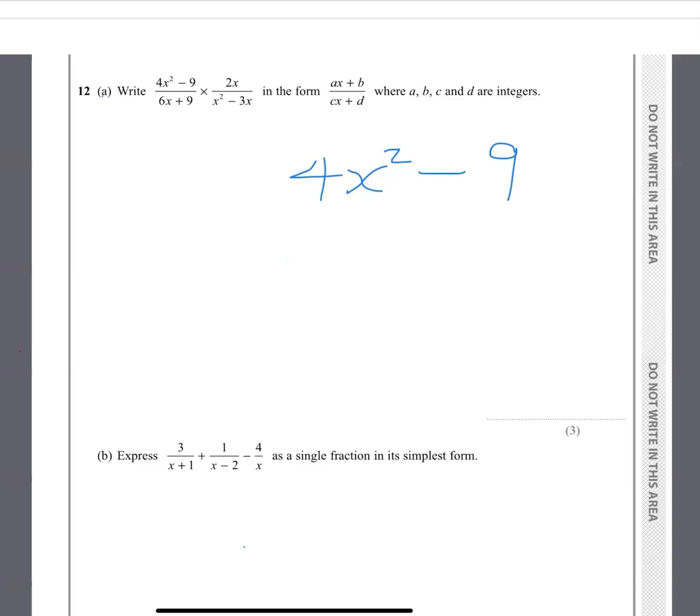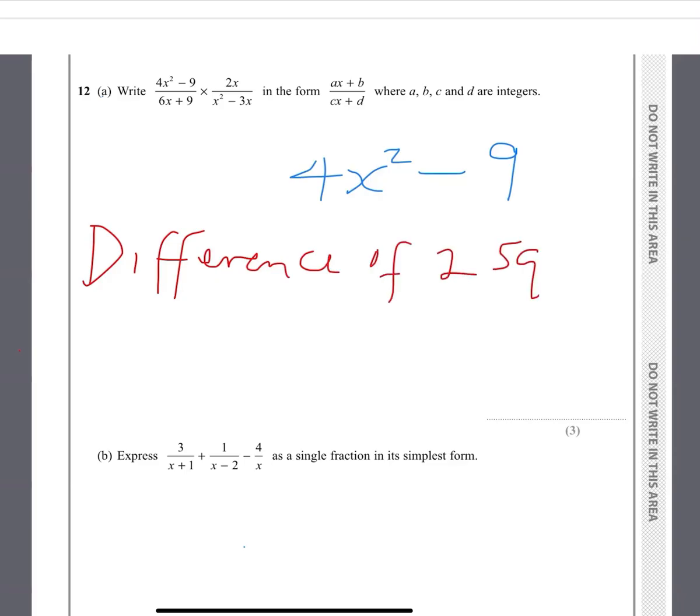Would you use two brackets? Have you heard of the difference of two squares?